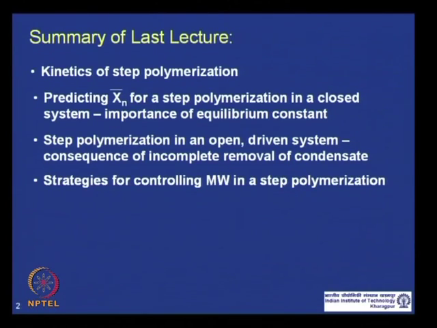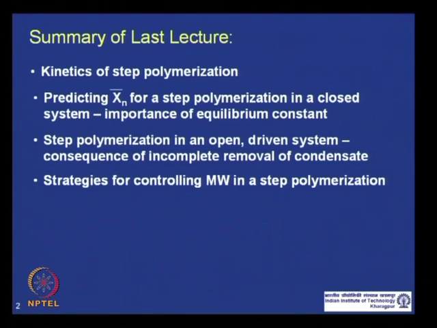If we cannot take out the condensate from the reaction medium to such a level, for whatever reason, then we have to design the monomer in such a way that the equilibrium constant is pushed up or the reactivity increases. In that case, we can afford to leave more condensate molecules in the polymerization medium in order to build high enough molecular weight.